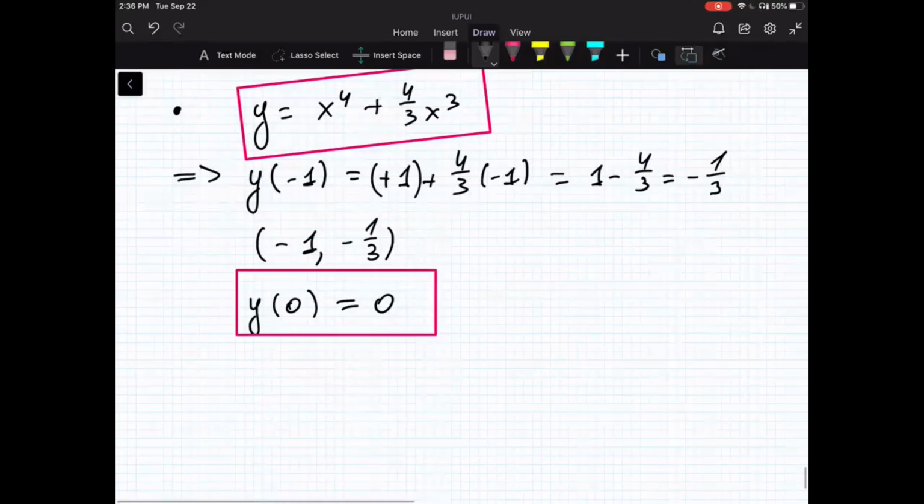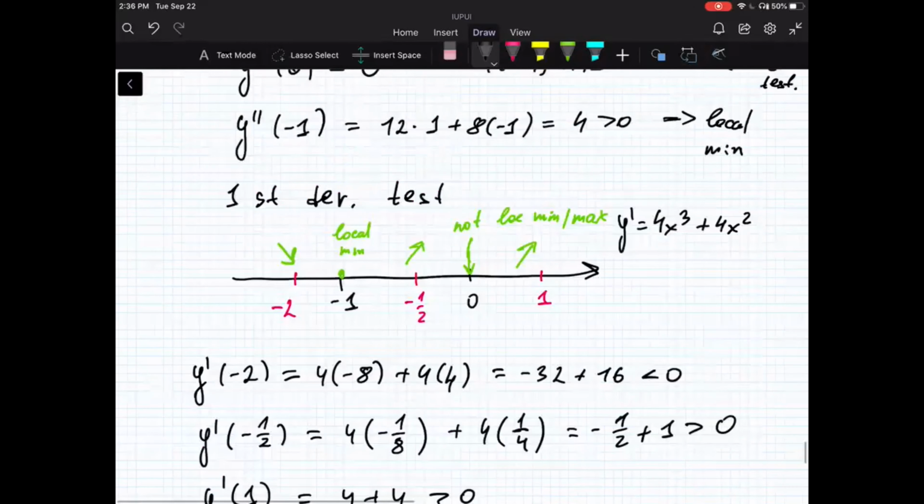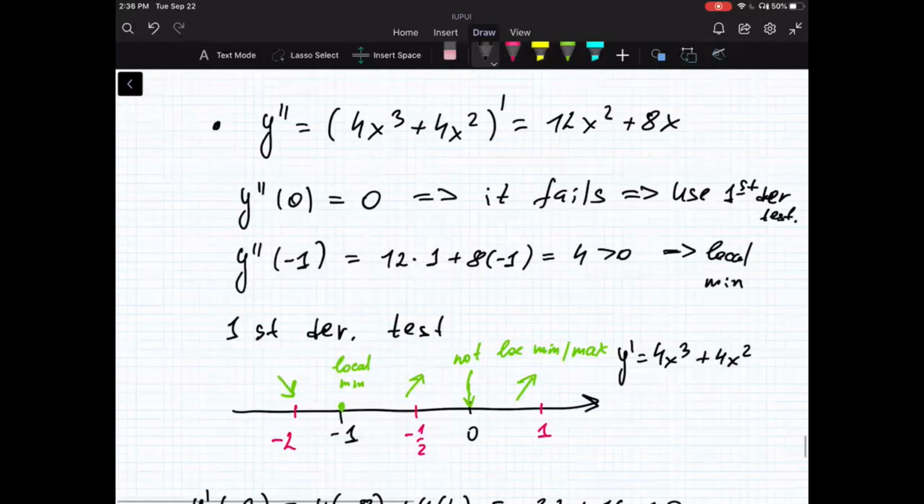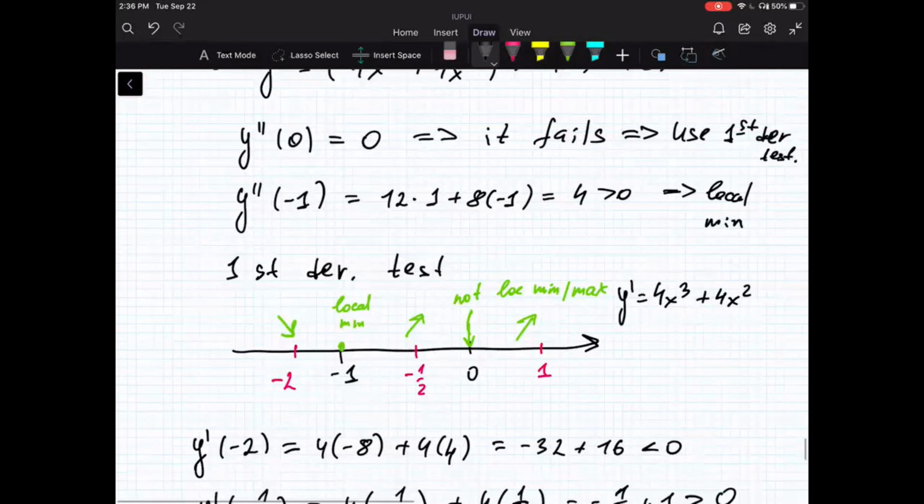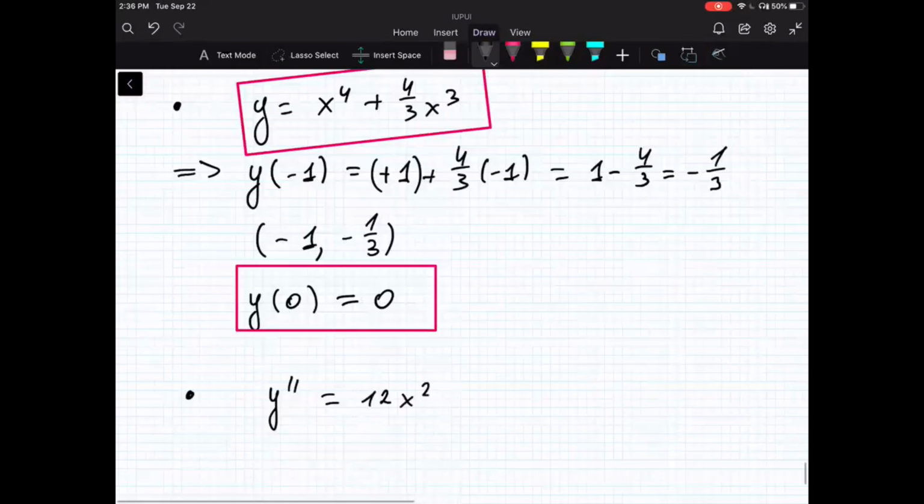Okay, the next step is to consider the second derivative, and we have calculated that. So y double prime was 12x squared plus 8x.